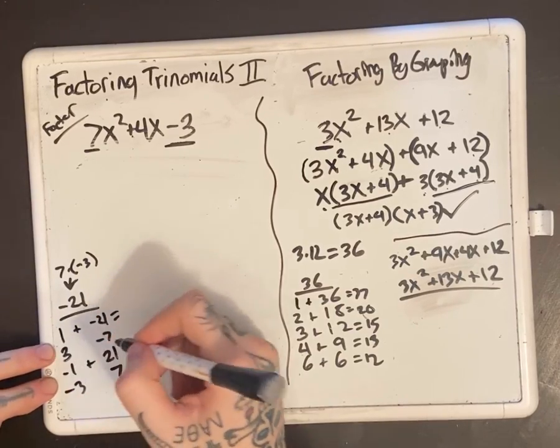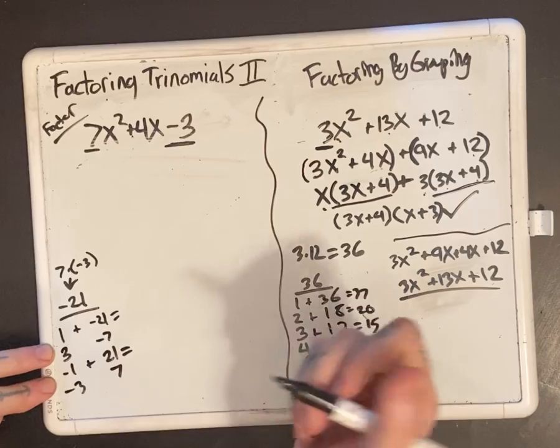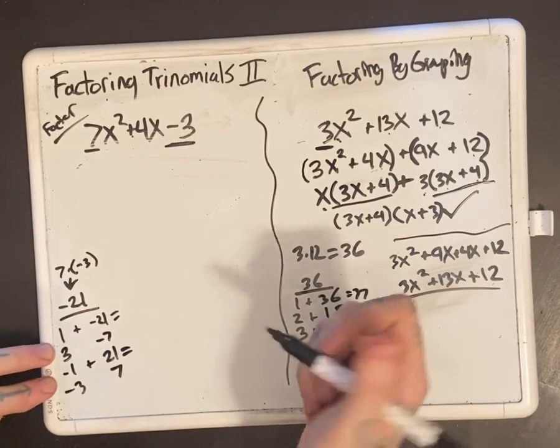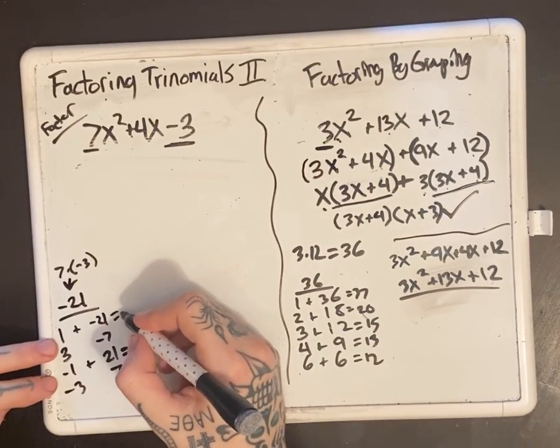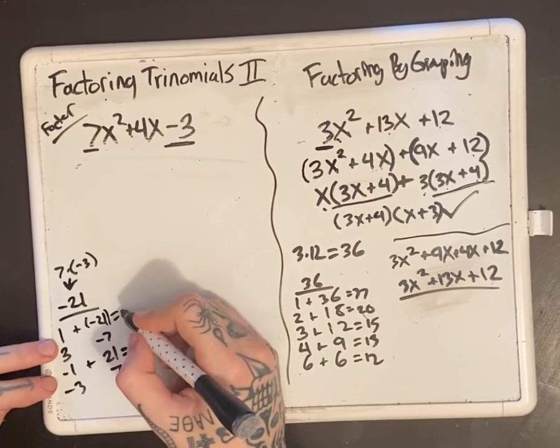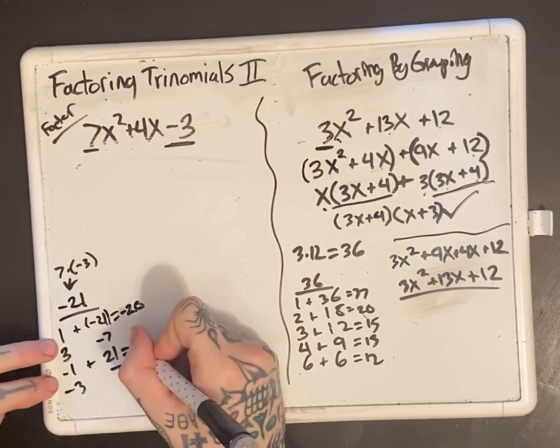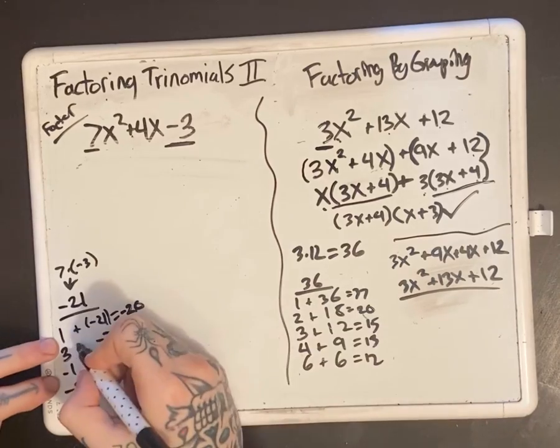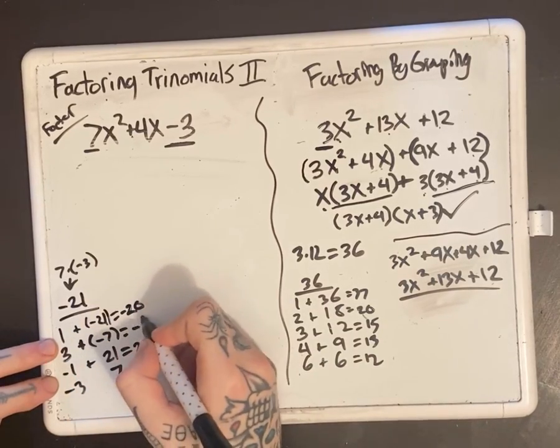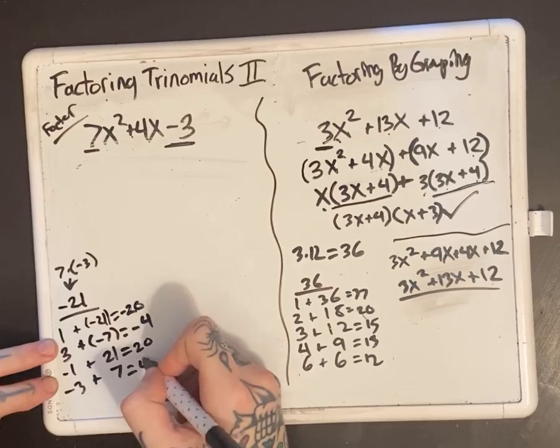Obviously, these bigger ones are not going to give us 4, so don't even worry about those. Well, just for the sake of argument, I'll show you what they equal. Negative 20 and 20. For this one, we're going to get negative 4, and this one we're going to get 4.